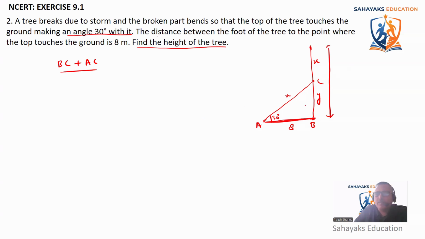Now first let's find y. For finding y, we'll take tan 30. Tan 30 is equal to BC by AB. So BC is equal to AB into tan 30. And what is the value of AB? AB is 8 and tan 30 comes out to be 1 by root 3.